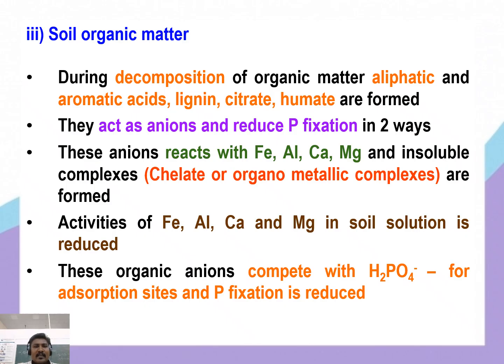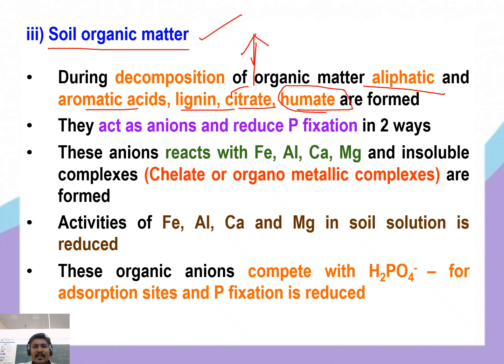Then next, soil organic matter. During the decomposition of organic matter, the phosphorus availability is increasing. How is it increasing? During the decomposition process, the organic matter releases some acids, either aliphatic acid or aromatic acid, along with lignin, citrate, and humate.